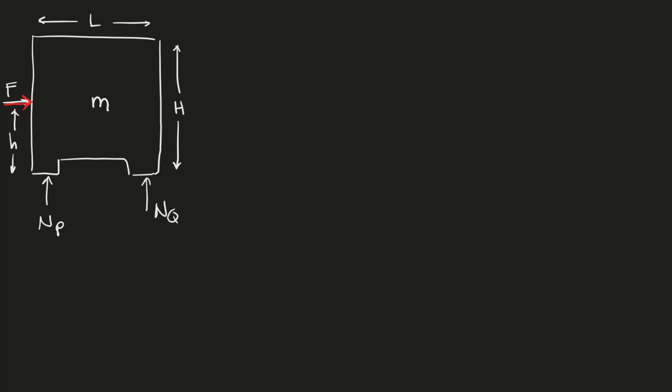All right, and then for part A, we need to find the magnitude of that force. So we can start, I suppose, by drawing a free body diagram, perhaps that box there. So we have the normal force at P, the normal force at Q, and the force that we're looking for there. And then there's going to be some friction in this problem.